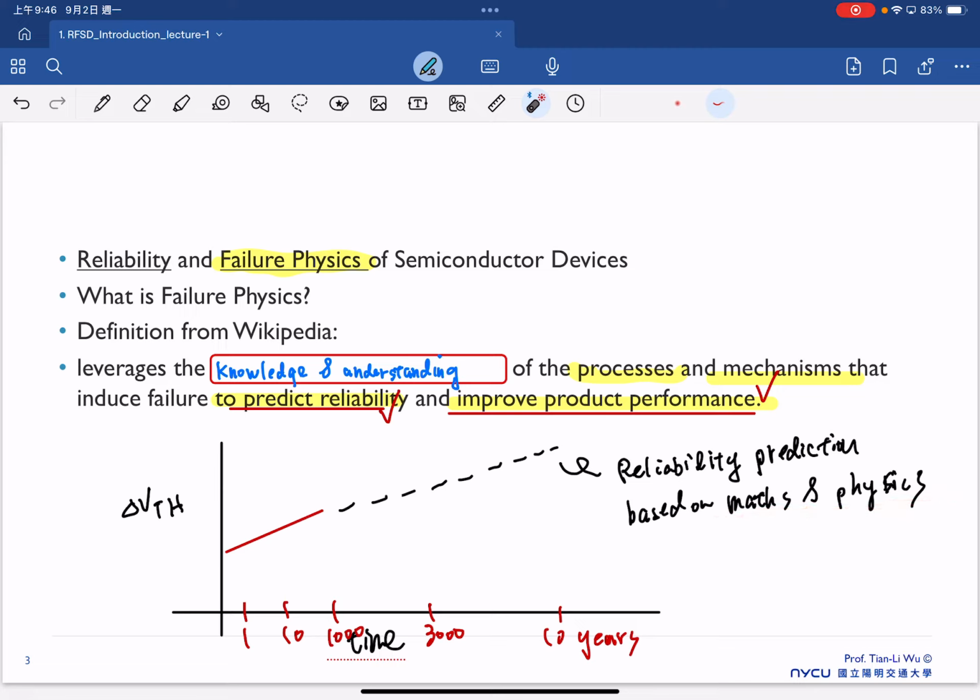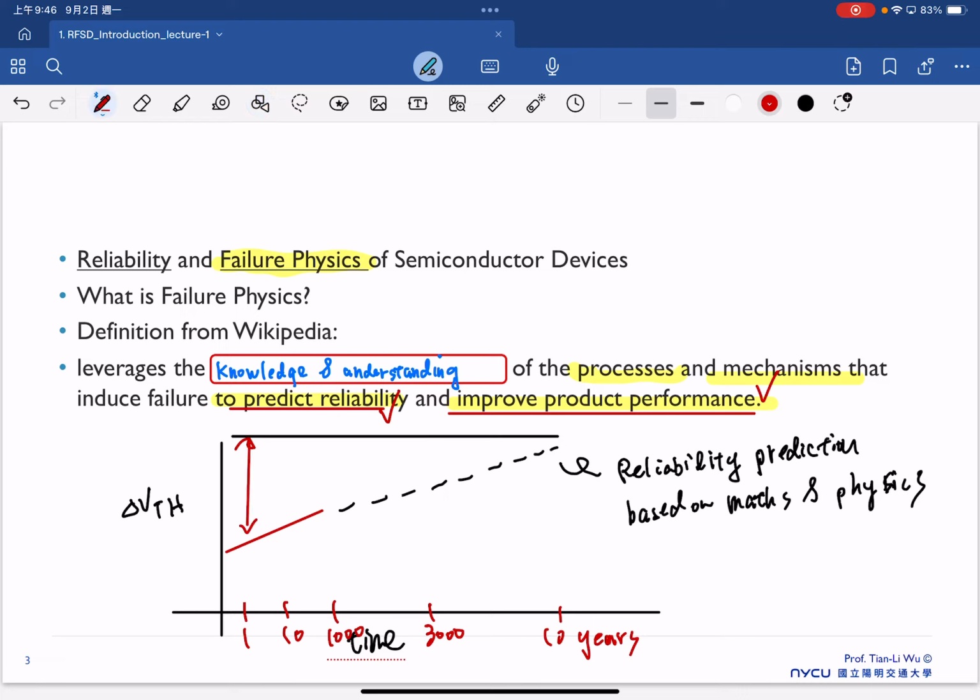And of course, our goal is always to make sure that in the end, after 10 years, the threshold voltage is still within the spec that we can accept. In lots of cases, the spec is probably less than a certain voltage.